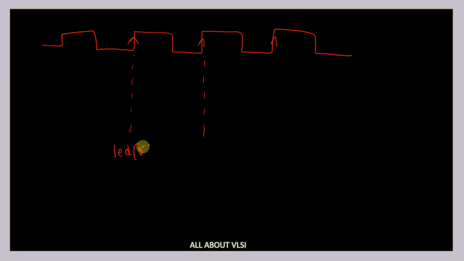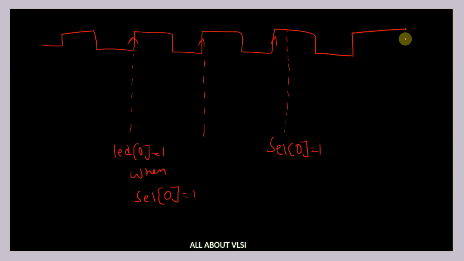Suppose LED[0] will be equal to 1 when select[0] is equal to 1. At this rising edge of the clock, select[0] has become 1, and LED[0] will become 1 at this rising edge because LED is synchronous to the clock.